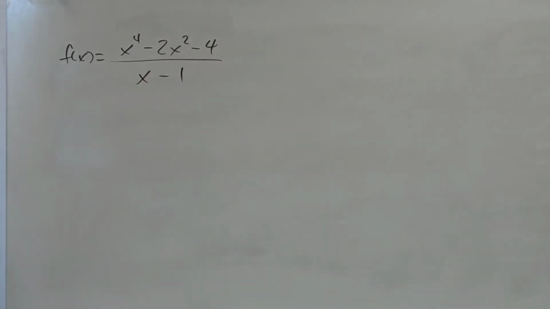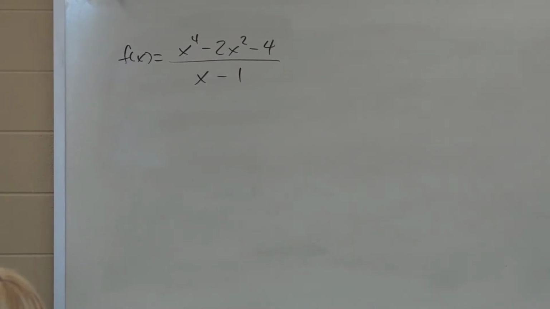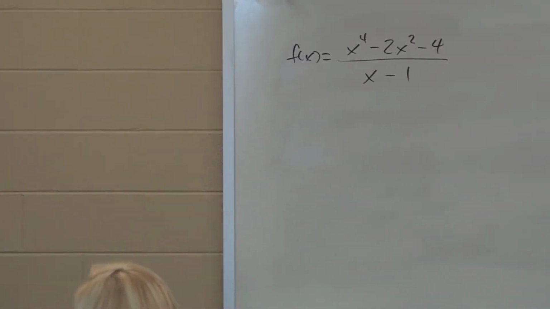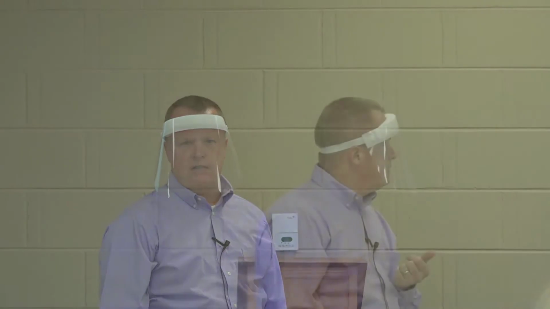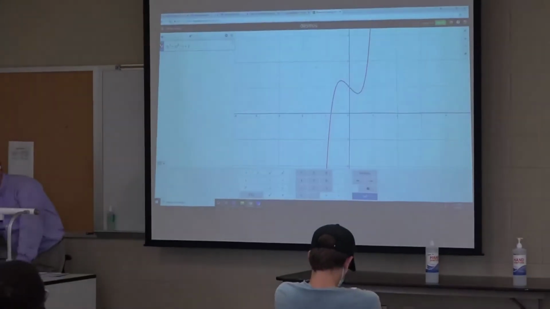You've got a polynomial divided by a polynomial. That's rational. What do you remember about rational graphs? That's important. Let's graph it. I made that one up, so it may not give me anything good, but let's try it.